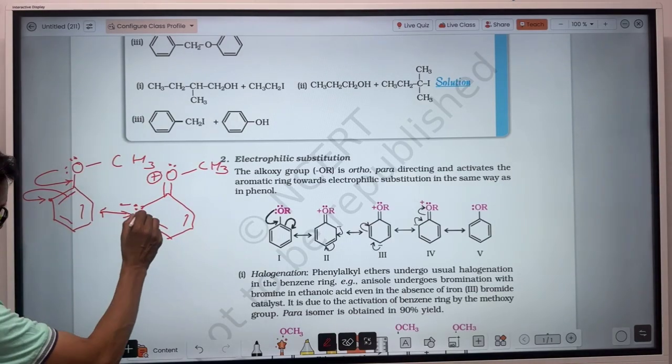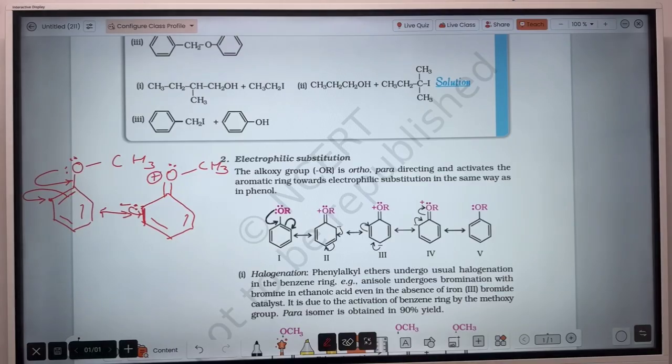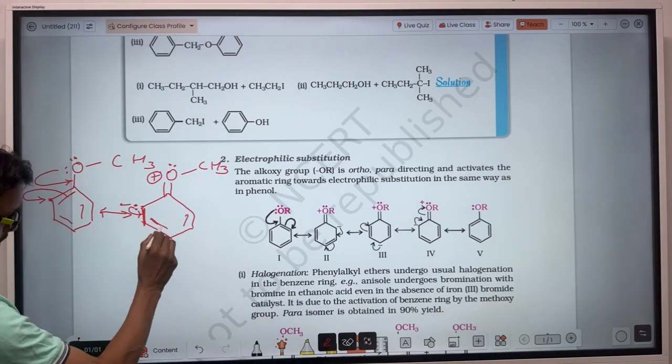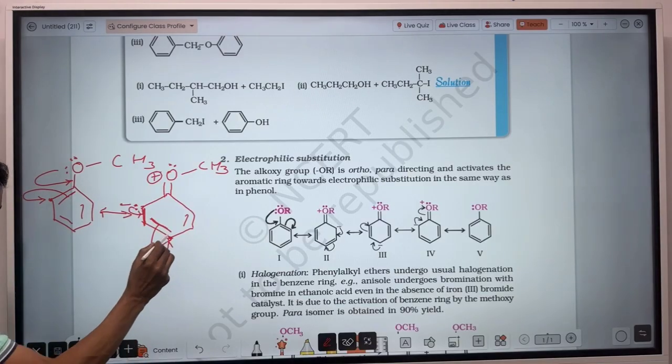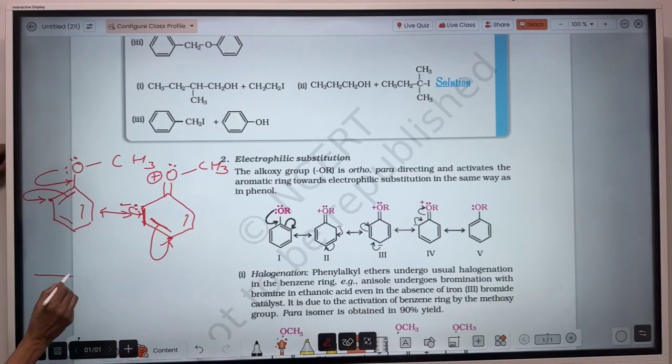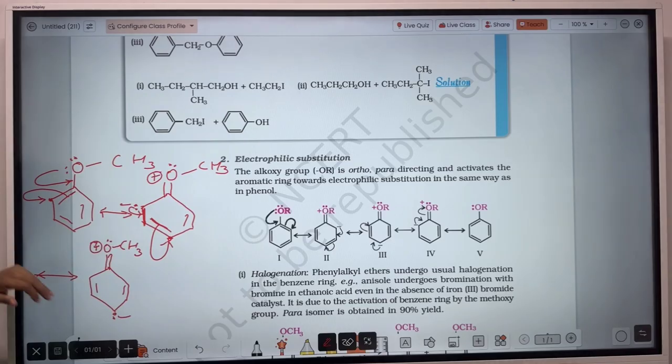After that, between these two carbons, this lone pair of electrons comes for the double bond formation. So this carbon leaves this pi electron, and both the electrons will come to the adjacent carbon atom, that means this carbon. So the next resonating structure will be this. This will be the resonating structure. Then after this, the pi electron will come here between this carbon and this carbon.